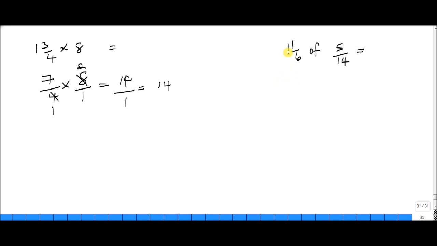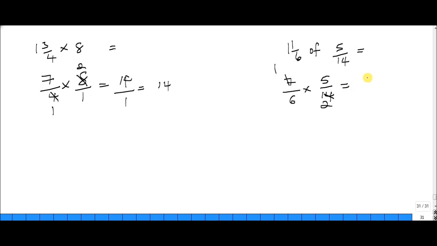So this is 1 and 1/6 multiplied by 5/14. So let's change from a mixed number to an improper fraction. 6 times 1 6, and 1 7 over 6 multiplied by 5/14. 7 into 7 1 time, 7 into 14 2 times.